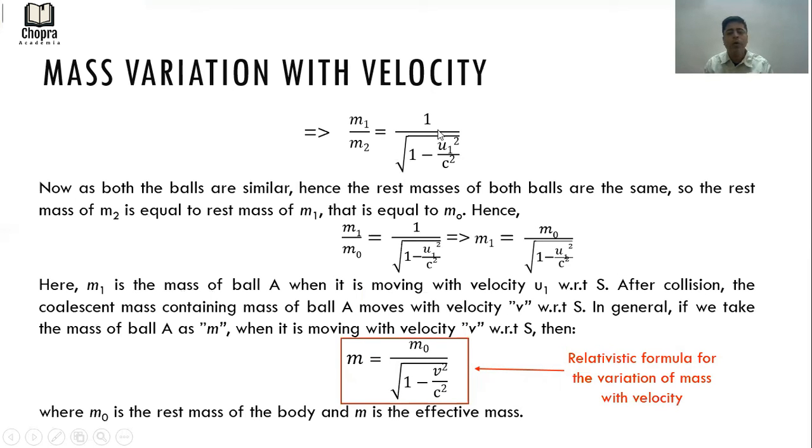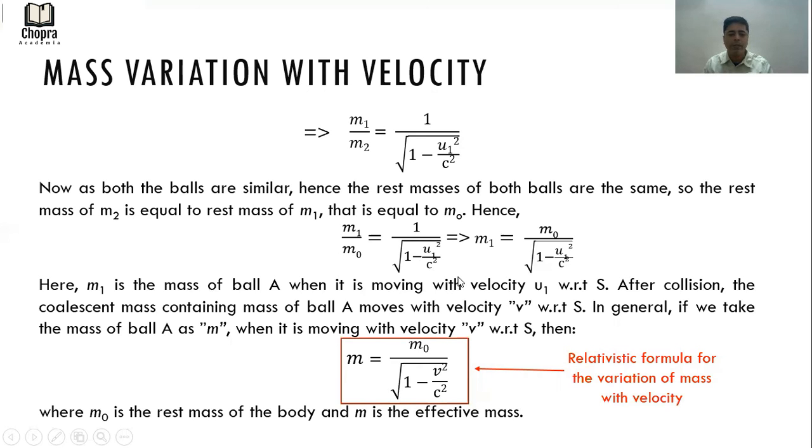Now as both the balls are similar, the rest masses of both the balls are the same too. So the rest mass of M2 is equal to the rest mass of M1, that is equal to M0. Hence M1 by M0 is equal to 1 by root of 1 minus u1 square by c square, which implies M1 is equal to M0 by root of 1 minus u1 square by c square.